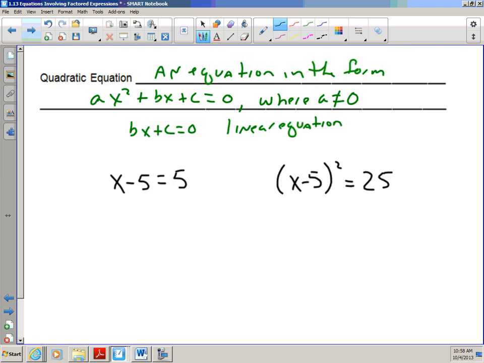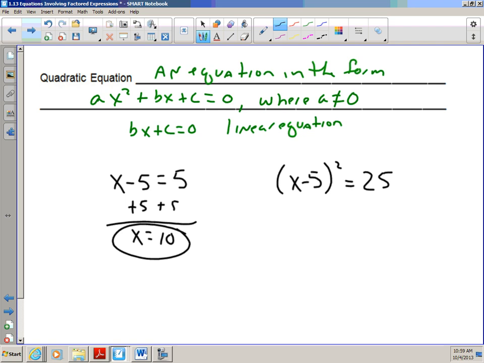What did they do? They squared each side. Let's see if that's a valid method. Okay. Well, to solve this, which is very straightforward, we get an answer of 10. So if I wanted to solve x minus 5 equals 5, I know my answer is 10.